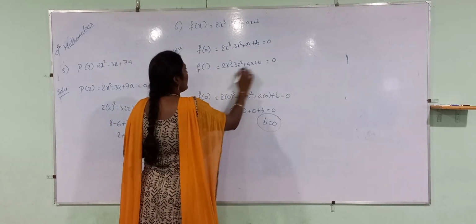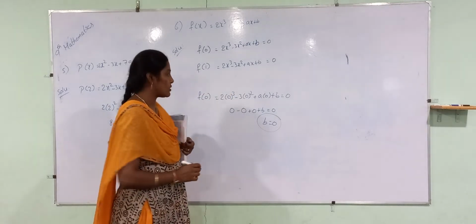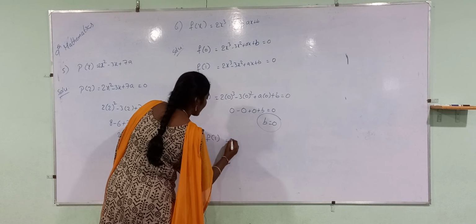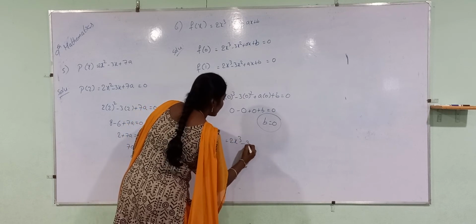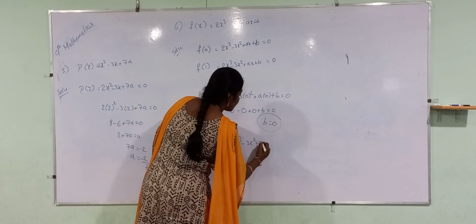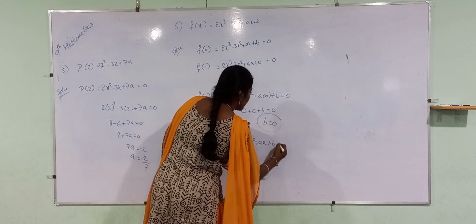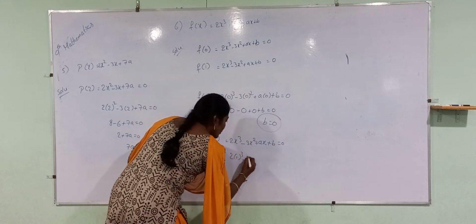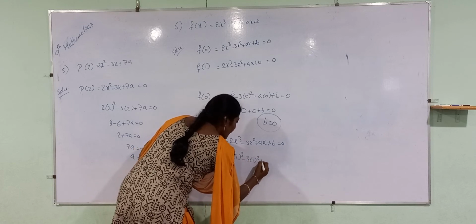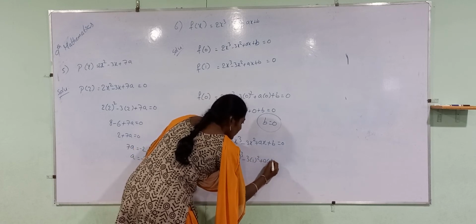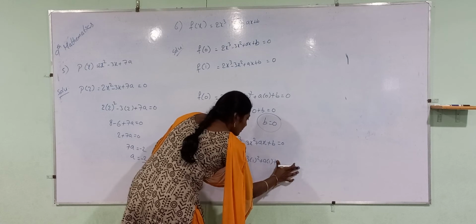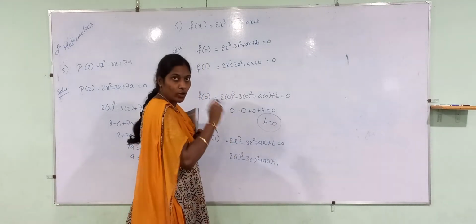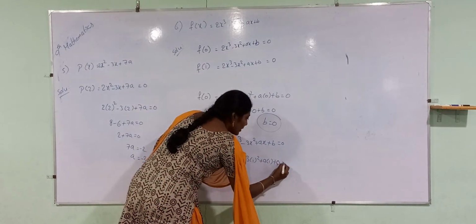Now for f of 1, we also get 0. Let us take f of 1. 2x cube minus 3x square plus ax plus b is equal to 0. So substitute 1. Here, instead of b, I am placing 0, since we know the value of b, right?